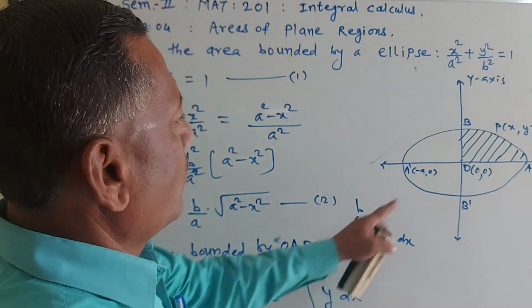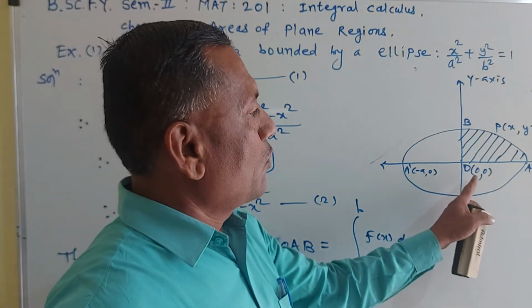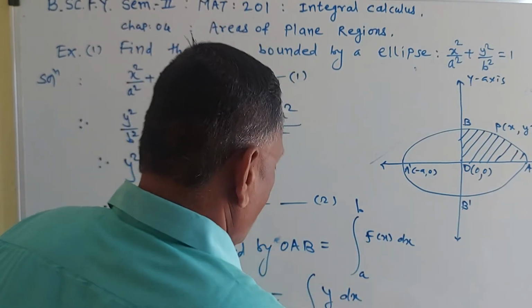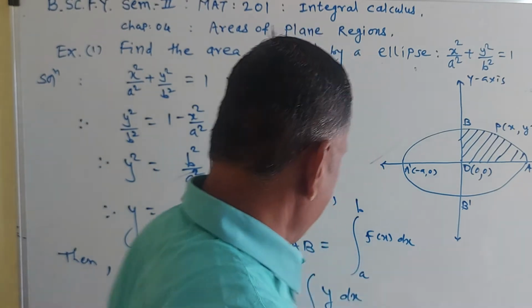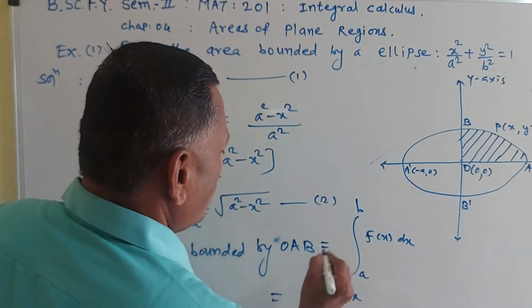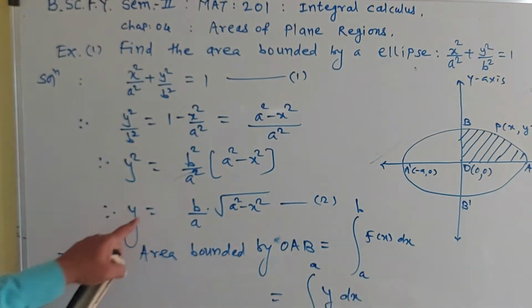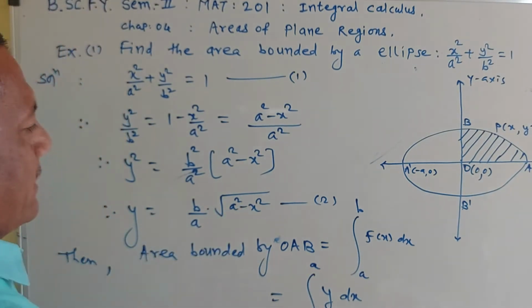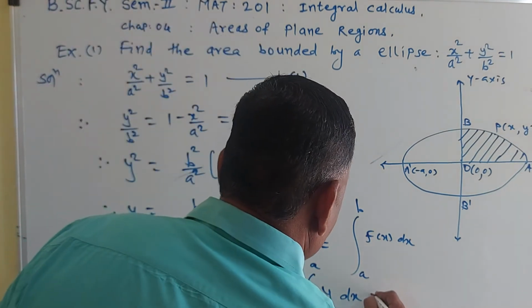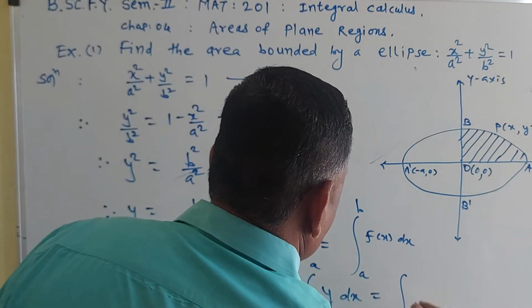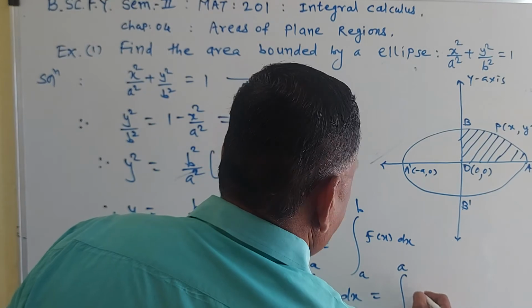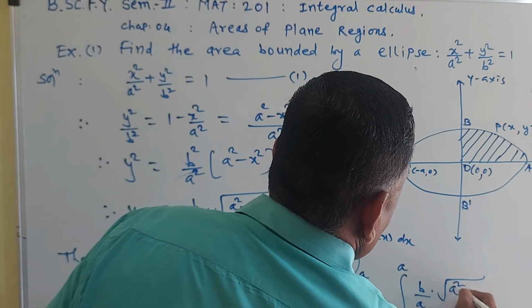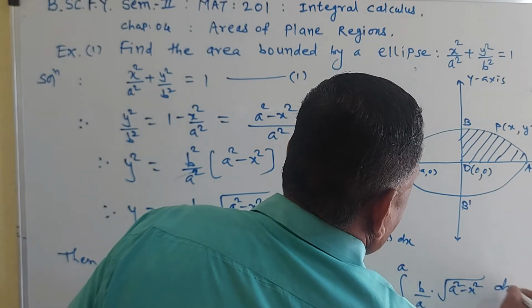Now here, the x coordinate of O is 0, so the integration goes from 0, and the x coordinate of A is a, so the integration goes from 0 to a of y dx. y means b upon a root of a squared minus x squared. So it is equal to the integration from 0 to a of b upon a into the square root of a squared minus x squared dx.